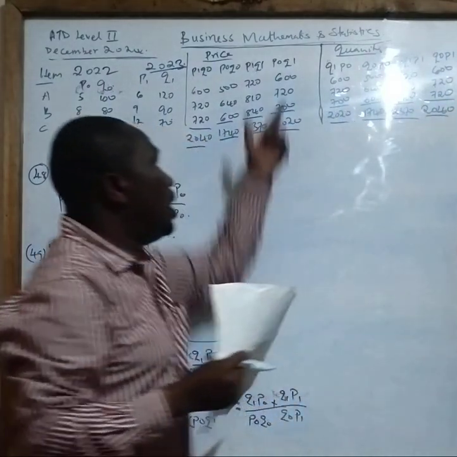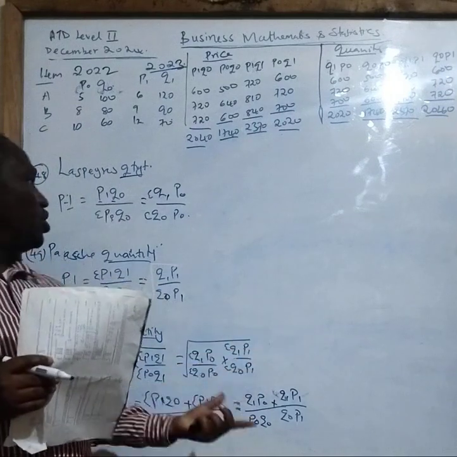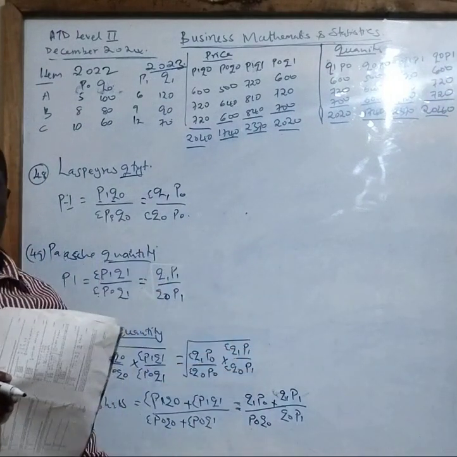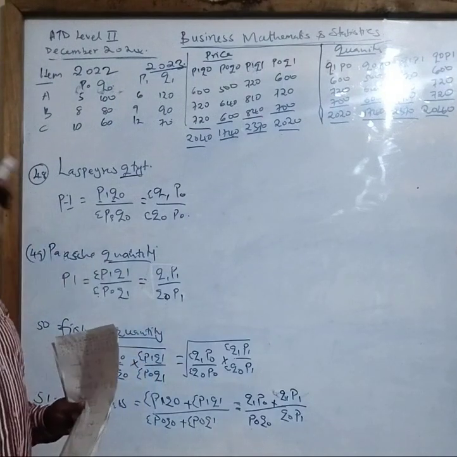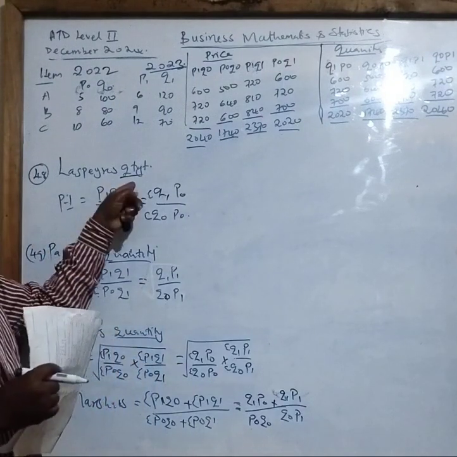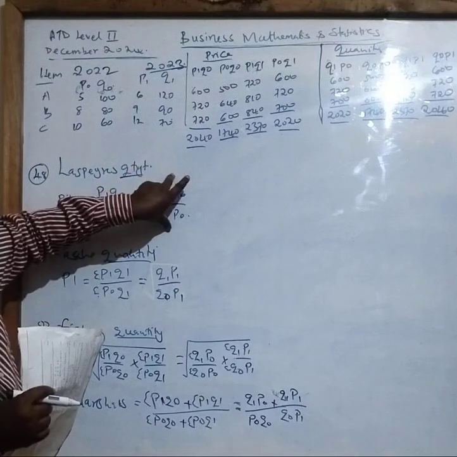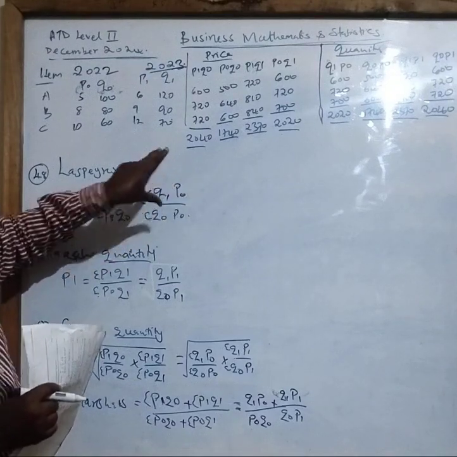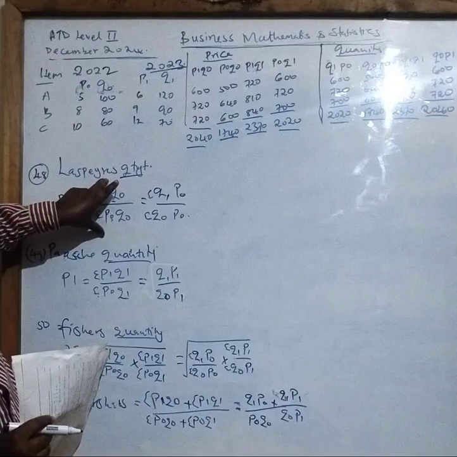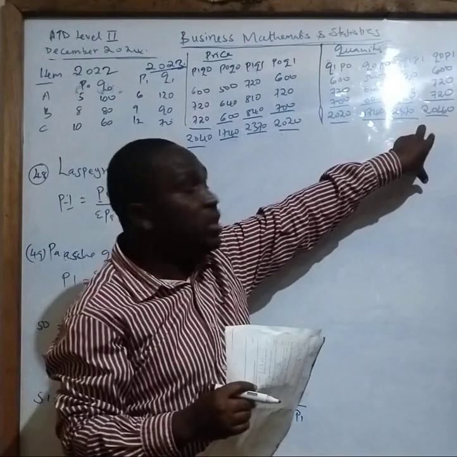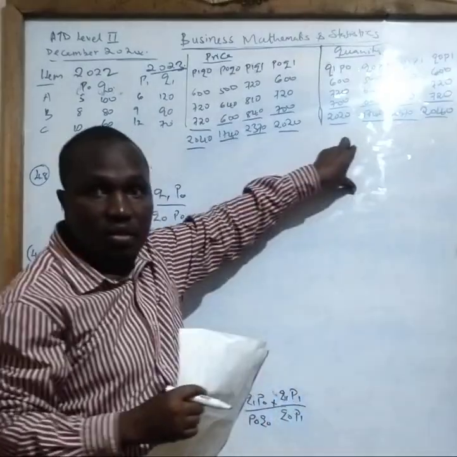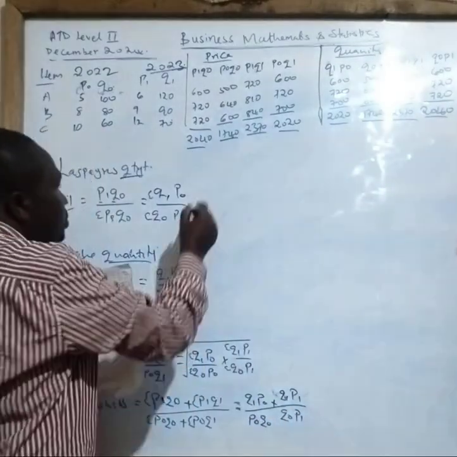So you have all your data now to be substituted in your formula. So your work is very simple. Remember, I'm dealing with the quantity, last year's quantity index. So it is this second formula. If it is about price, I will use the first part. Now, because it is quantity, I will go to this column here. So let's substitute now.